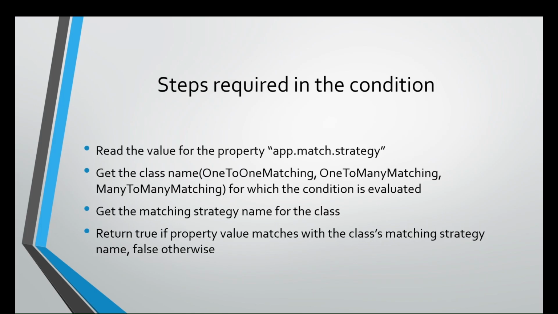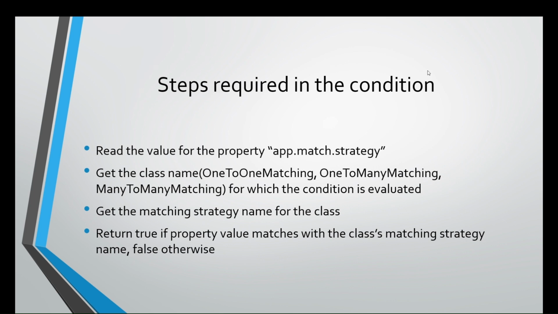Now I am going to write the condition, and this condition would be evaluated for all the matching strategies. And for whichever matching strategy this condition is true, the bean would be created for that matching strategy. And for the remaining matching strategies, beans would not be created. So these are the steps which are required inside the condition.